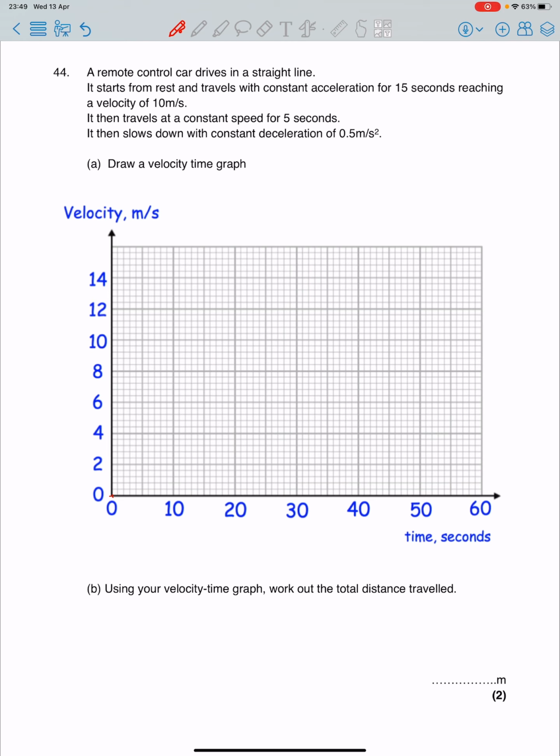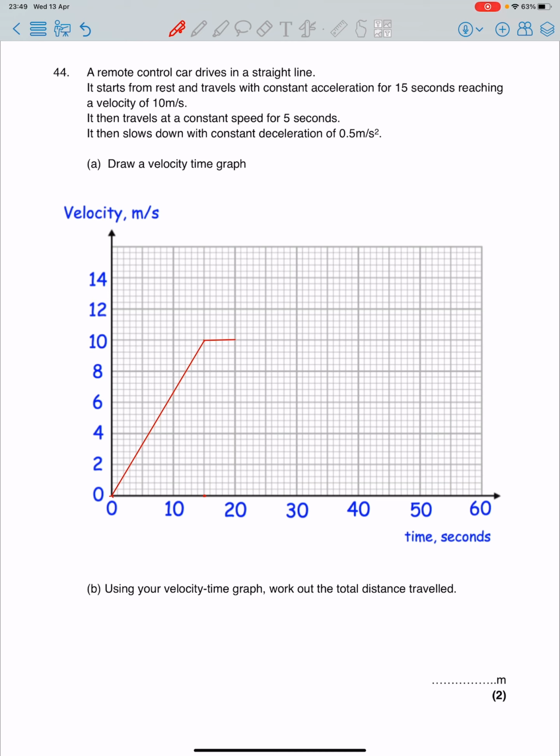So 15 seconds is here, and it reaches a velocity of 10 meters per second. So I'm going to draw my straight line that starts there and here. There we go. Then we also have that it travels at a constant speed for 5 seconds. So from 15 to 20, like that.